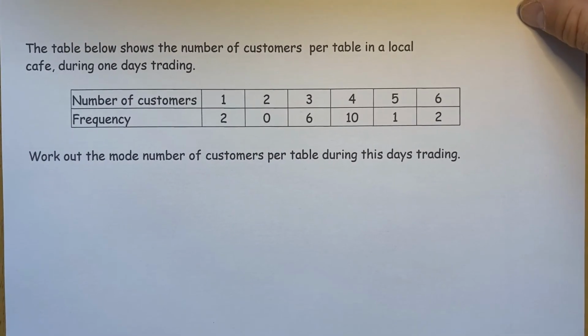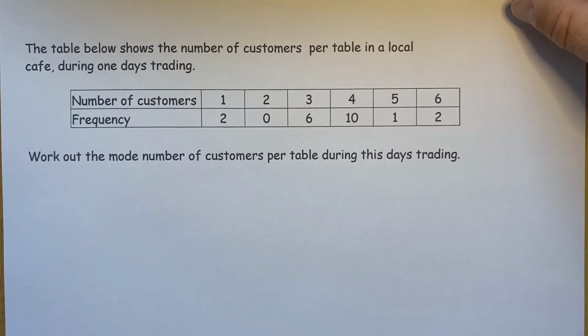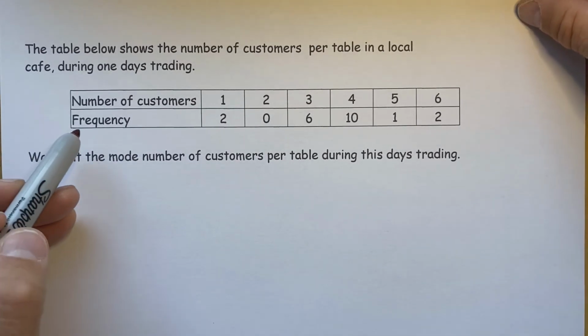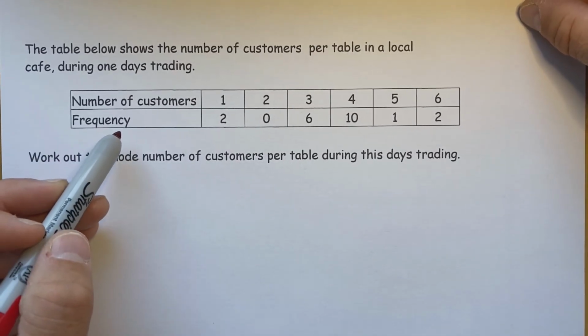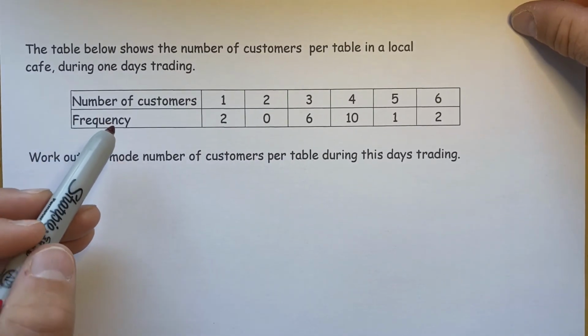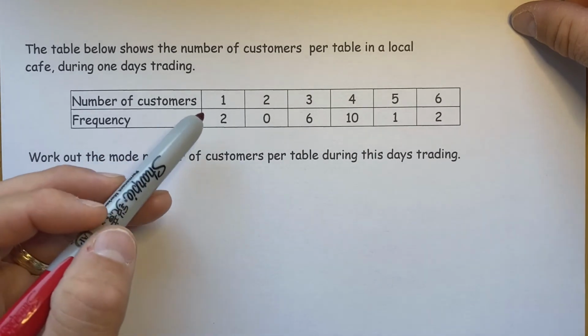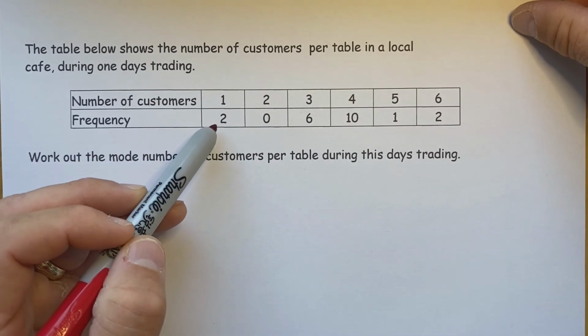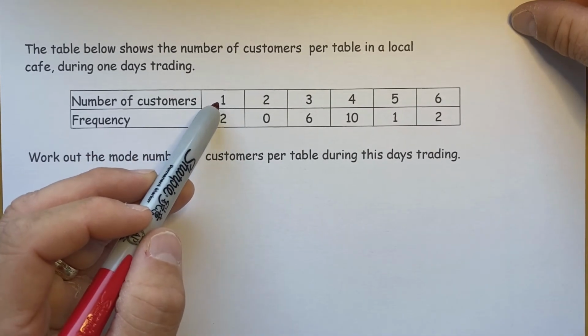Now the mode is easier still when it's in a table, however it is often an incorrect answer by many in the exam, because they forget that a frequency shows you how many times each number occurs. So we've got here a number of customers sitting at a table, and on 2 occasions we had only 1 customer at the table.